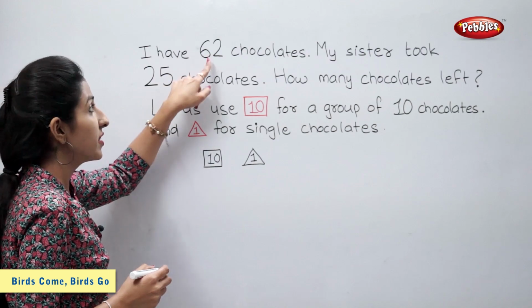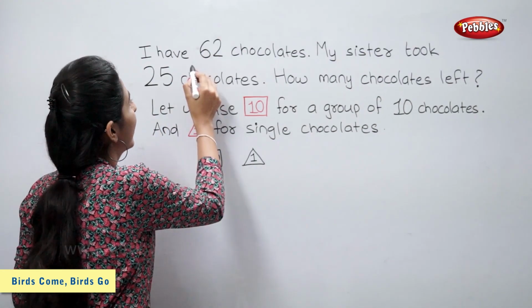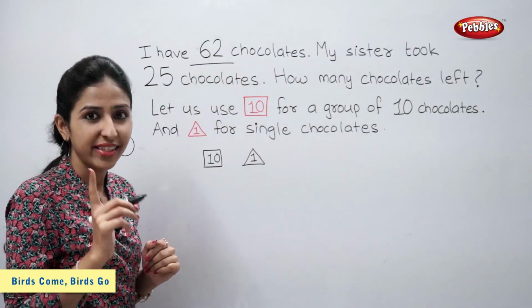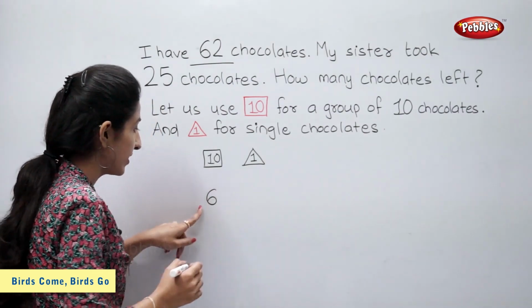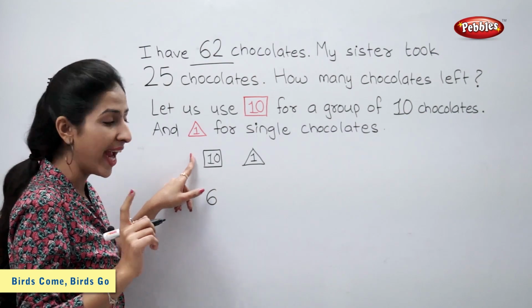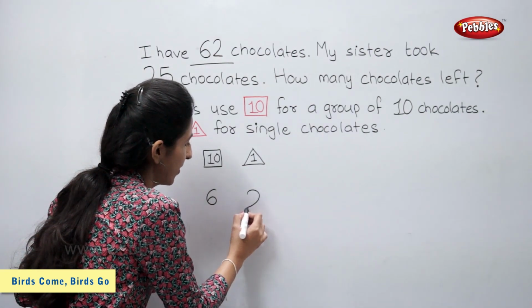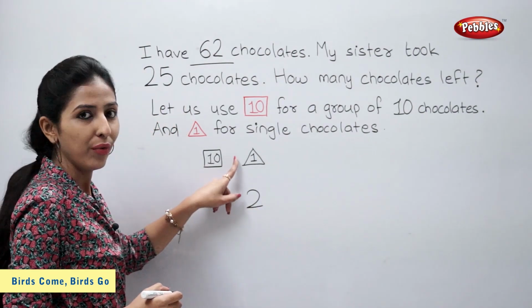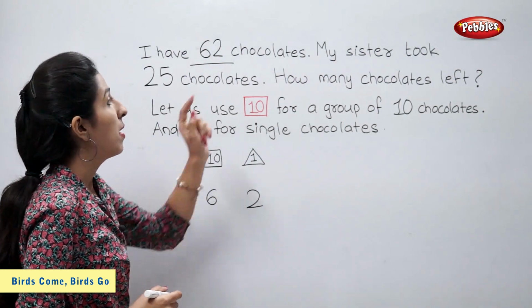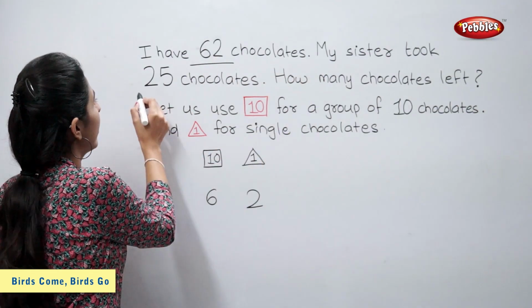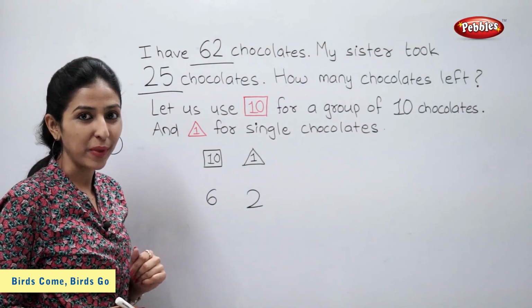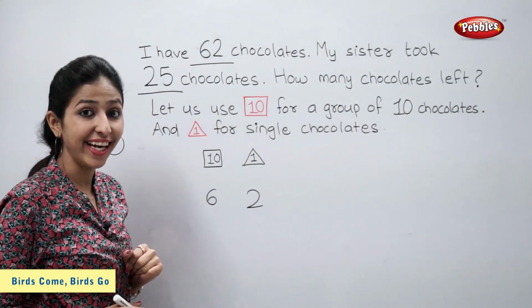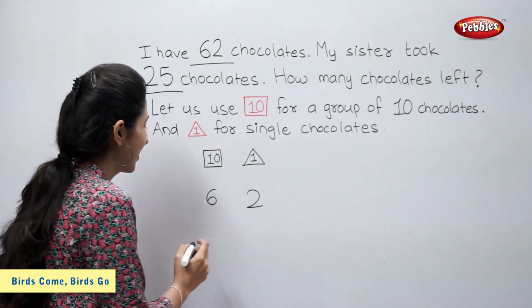I have 62 chocolates. 62 means 6 tens and 2 ones. My sister took 25 chocolates. 25 means 2 tens and 5 ones.